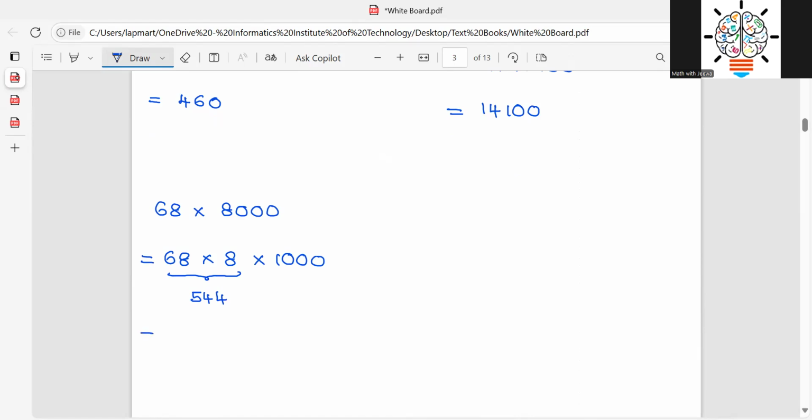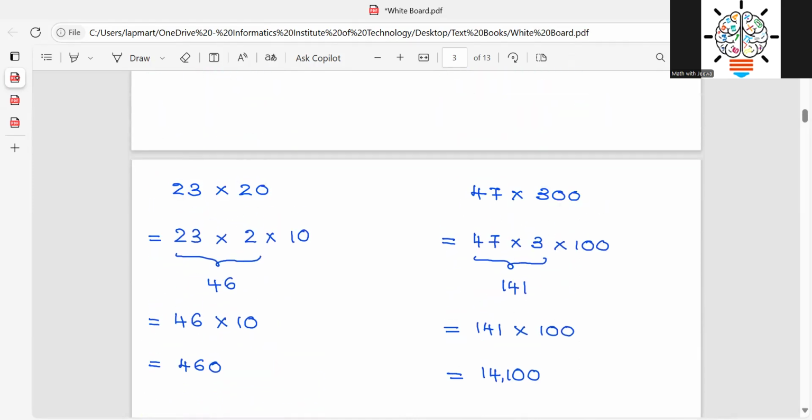Okay. Then I rewrite this question. 544 when I multiply by 1000. So then the answer is 544,000, right? So this is how you want to get the answer, right?